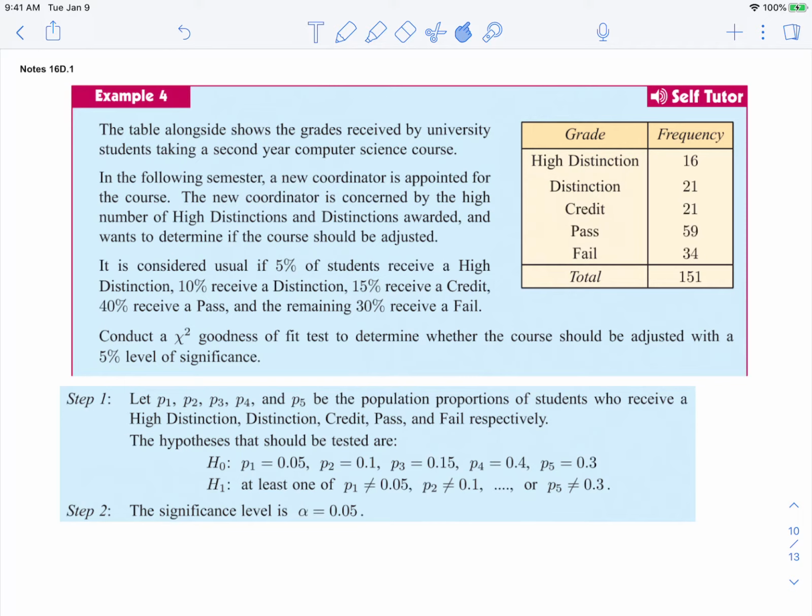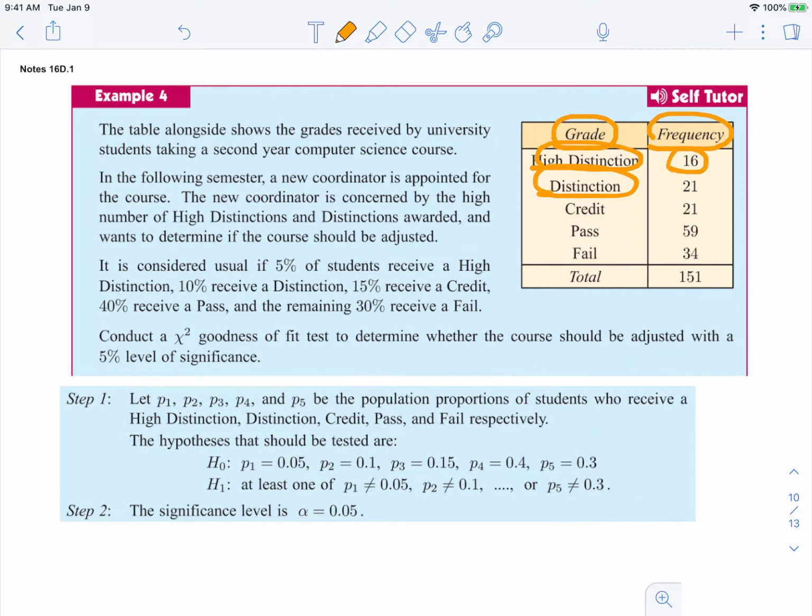The table along the side shows the grades received by university students taking a second-year computer science course. So here are the grades and the number of students that got those grades. In the high distinction category, there were 16 students.